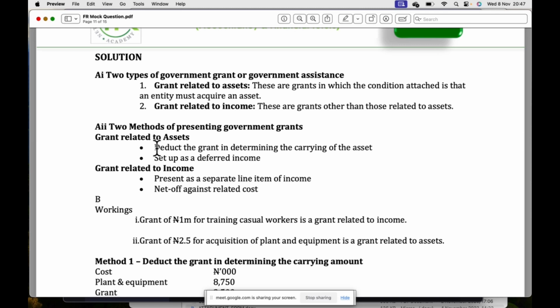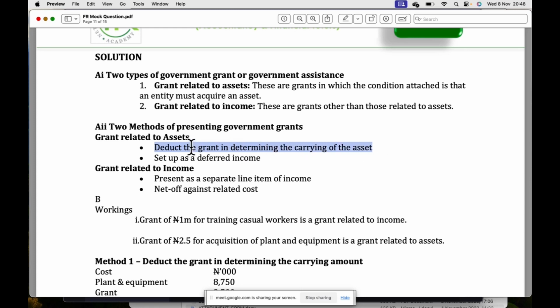It is either you deduct the grant in determining the carrying amount of the assets, or you set up the grant as a deferred income. I will show you very soon. So it's either you deduct the grant in determining the carrying amount of the assets.